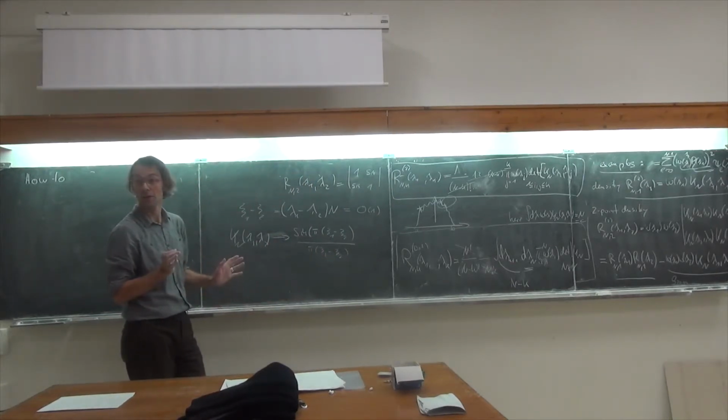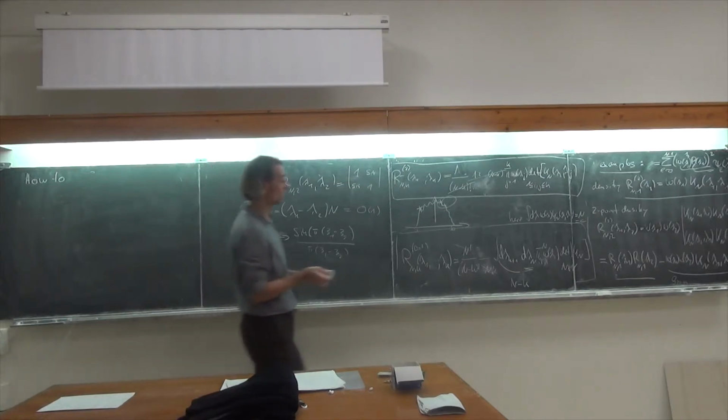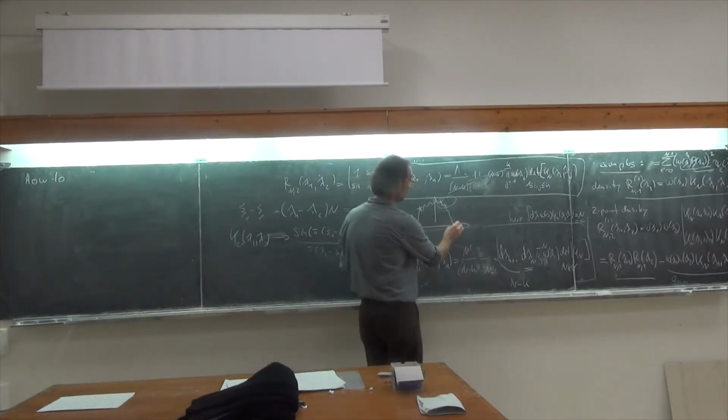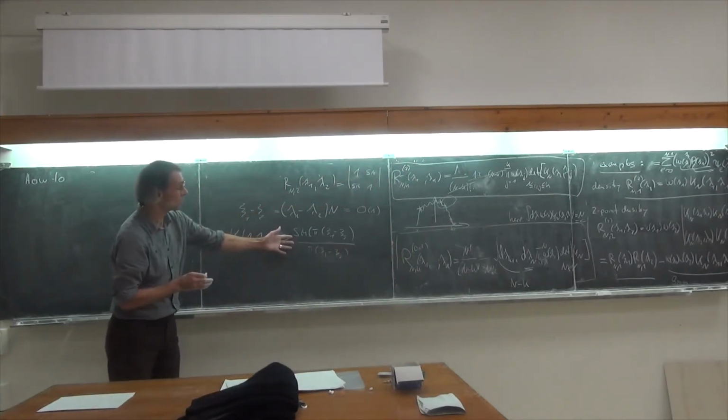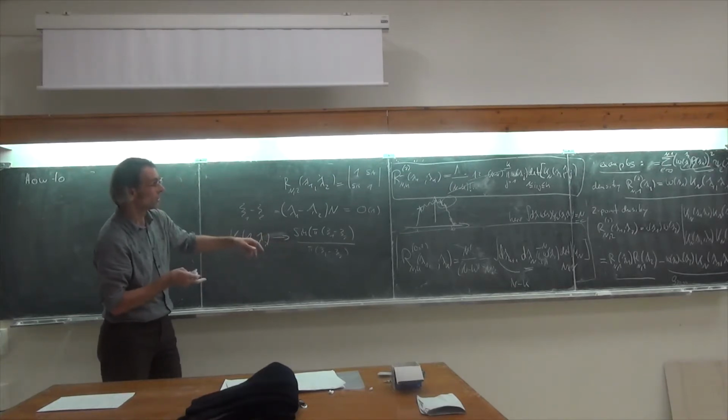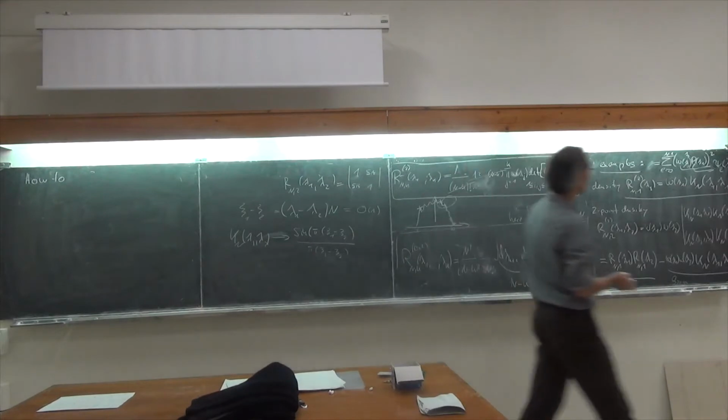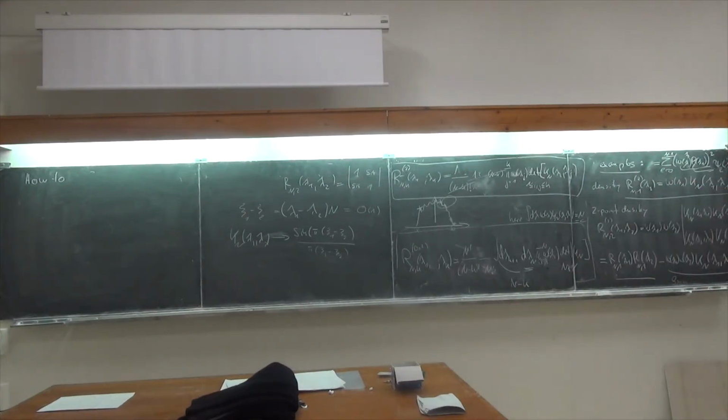Now that's not all. There are more large N limits. For example, if you pick both eigenvalues close to the edge, then you don't get this asymptotic. And in fact, you can see this asymptotic already. I mean, I've given you all the hints, so to speak. Let's take Gauss. Then for Gauss, these polynomials are Hermite polynomials. Hermite polynomials, you know, have a sine and cosine asymptotic.